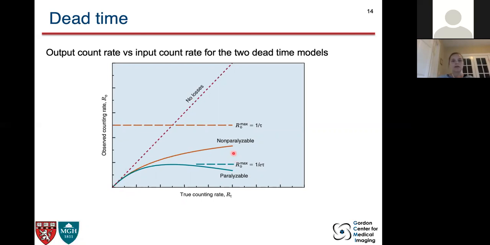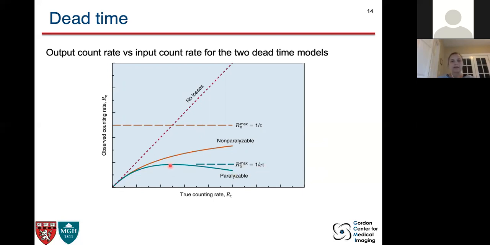For the non-parallelizable model, we go asymptotically towards a maximum count rate, which is given by 1 over tau, where tau is the dead time of one single event. For the parallelizable model, we reach a maximum count rate at some intermediate true count rate, given by 1 over e tau.